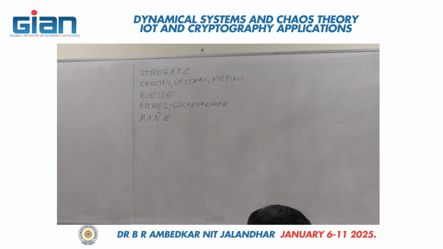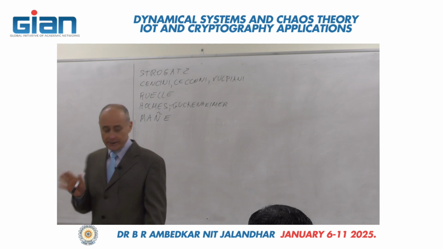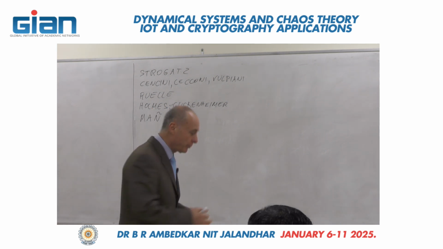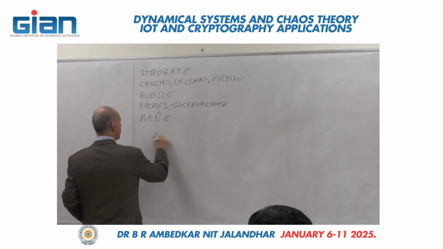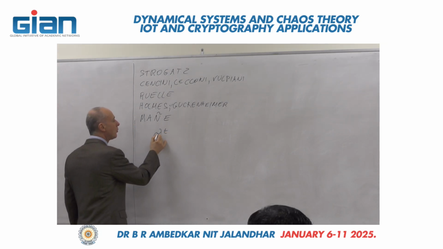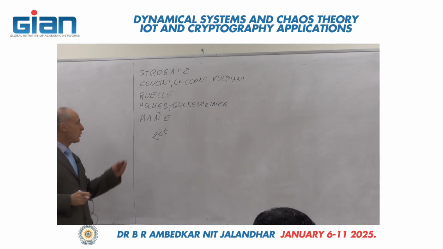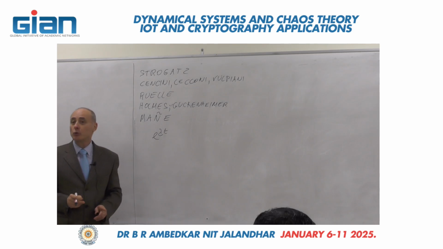For instance, for weather forecasts, I'm not sure about Jalandhar, but for weather forecasts, you have a Lyapunov exponent. You remember the Lyapunov exponent appears in the exponential e to lambda t. So dimensionally, this is the inverse of a time, because the exponential must be taken of a pure number.